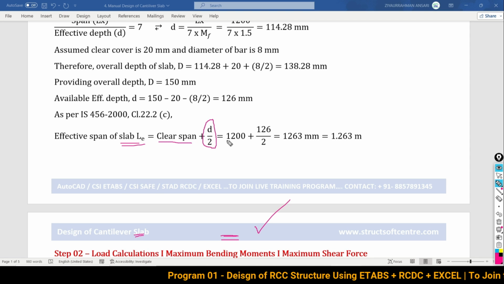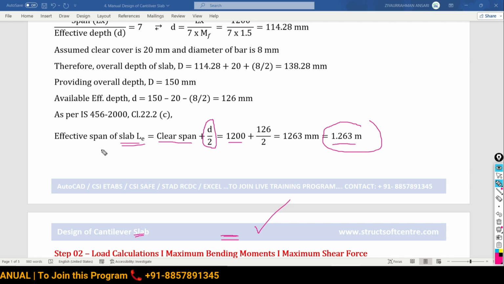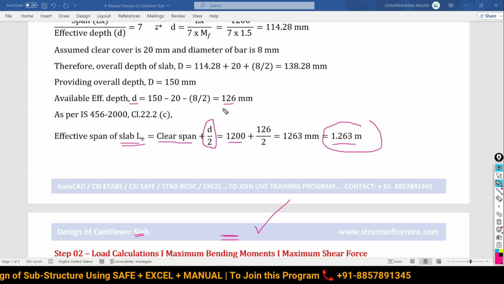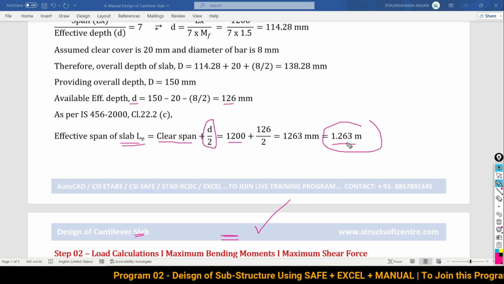So clear span is 1.2, meaning 1200 mm, plus 126 divided by 2. Finally we are getting the effective span of the slab as 1.263 meter. Later on we will use this effective depth as 126 and this effective span as 1.263.